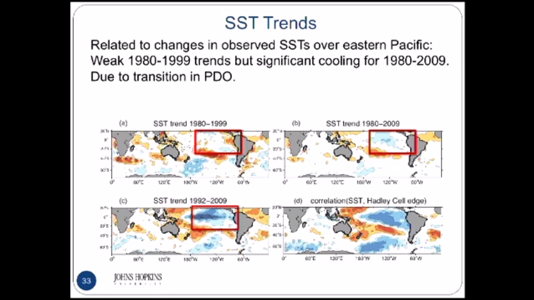So this is from the model, this SST pattern is correlated with the expansion of the Hadley cell. And it turns out that this pattern is very similar to the PDO kind of pattern. So it's something connected with this warming and cooling. The mechanism, exactly how that works, I don't know.